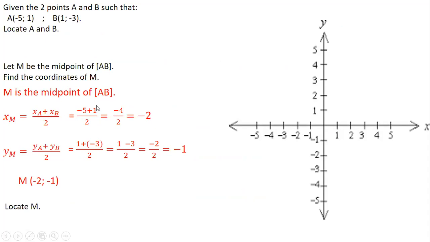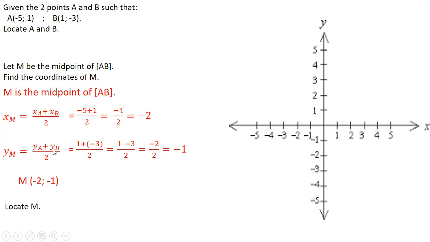Then I replace, I have the abscissa of A and the abscissa of B divided by 2, and I get the answer of the abscissa. Similarly, I do with the ordinate. So the ordinate of M, which is the midpoint, is equal to the ordinate of the first point A plus the ordinate of B divided by 2.